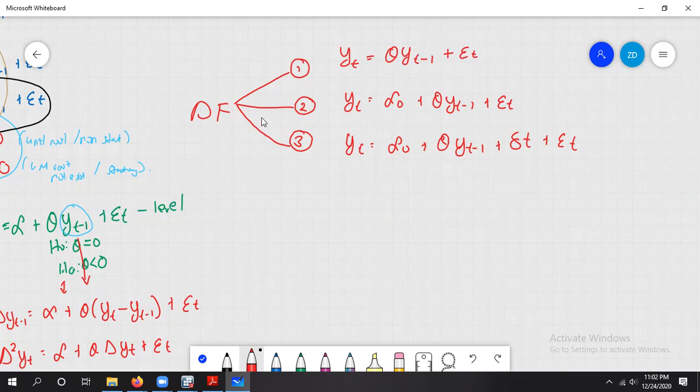So Dickey and Fuller introduced what we call the augmented Dickey-Fuller. Dickey and Fuller modify this equation by adding the difference of yt.